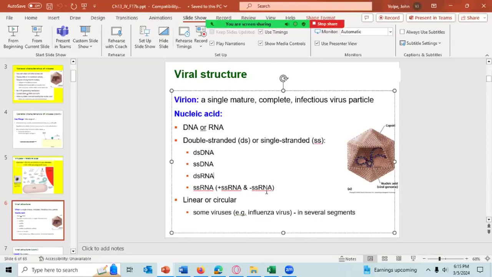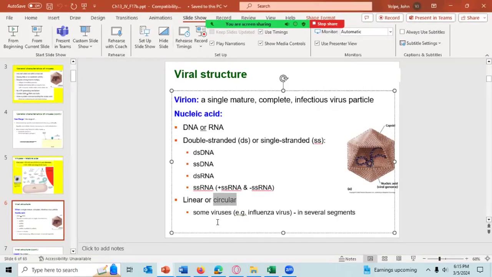Viruses' genomes can be linear or circular. If you remember, eukaryotes have linear DNA as their genome, and bacteria have circular DNA for their genome. So viruses can be either linear or circular, depending on the species of virus.